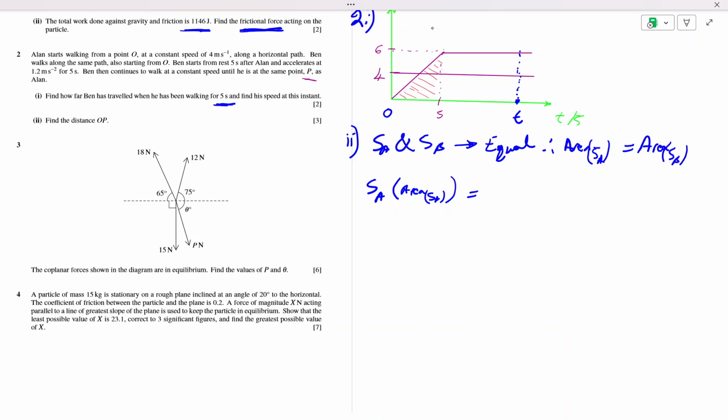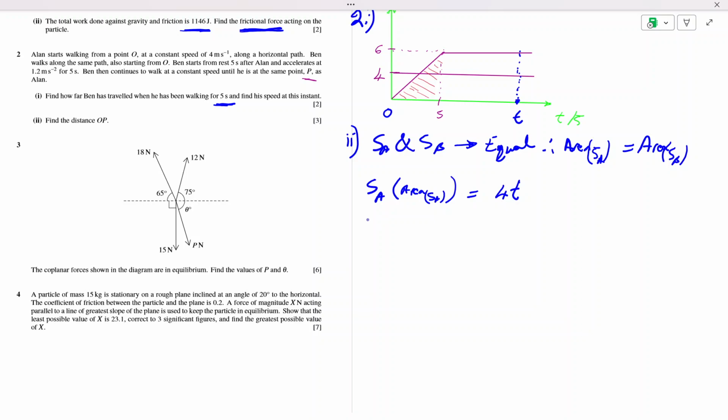It's going to be a triangle, if you look at this, like that. So I'm going to use that area, which is length times width. The length is t, from 0 to t, and the width is 4. So it's just going to be 4t.